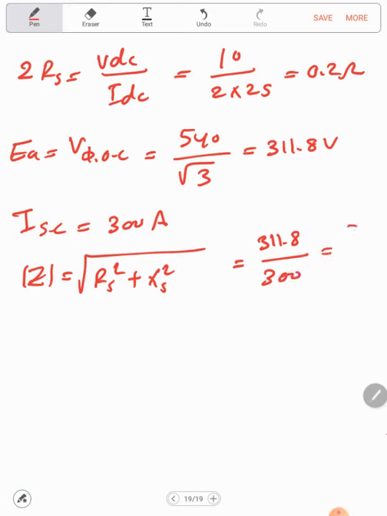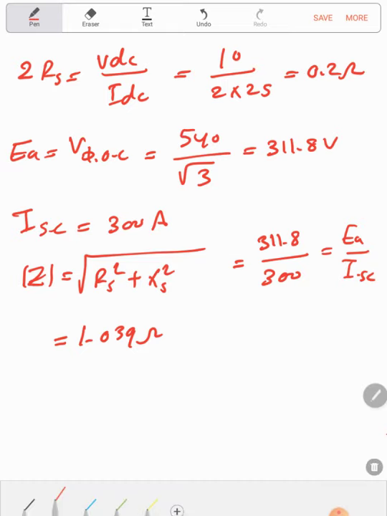This equal to EA over I short circuit, and if we do the math, this will equal 1.039 ohm.